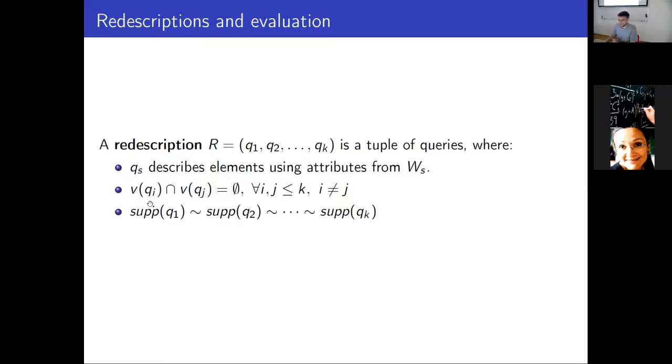Each query must contain disjoint attributes, because we are interested in observing the relations between these properties. And a good thing would be that they describe very similar, or ideally the same, subset of instances. So if we get several queries describing the same set of instances, then this redescription uniquely describes these instances and no other. This is a very specific property.